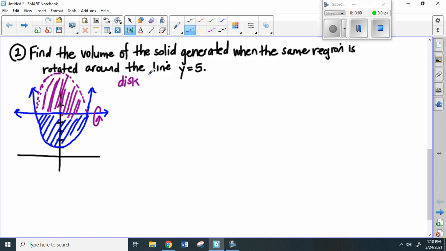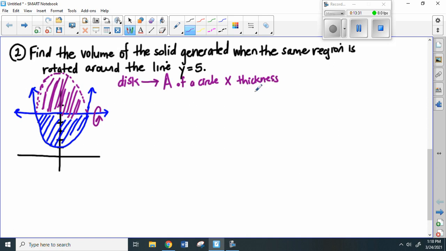And so remember, volume is really just the area for a disc. It's the area of a circle times a thickness, right? Because a disc is almost like a circle, but it has a little bit of thickness.